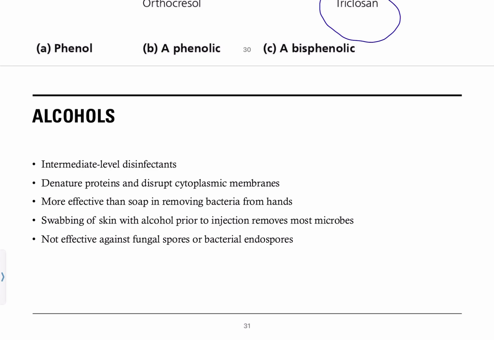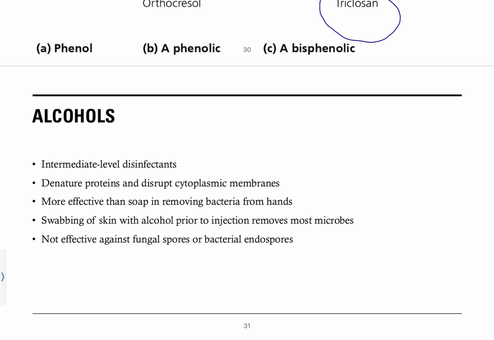Another category is alcohol, so things like ethanol and isopropanol. These are really fast acting. They're what we consider intermediate level disinfectants, and they work by denaturing proteins and disorganizing membranes. Their optimal concentration is 70 to 90%. So usually you can't go to Walgreens and buy isopropyl alcohol in 100% concentration.